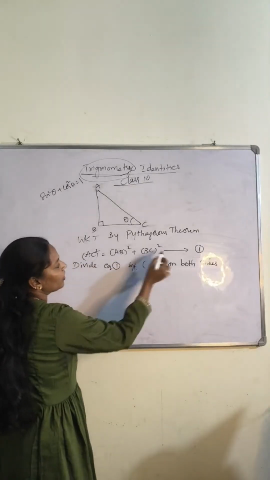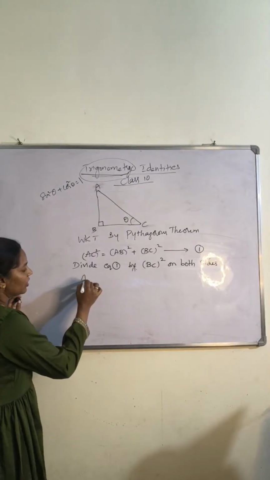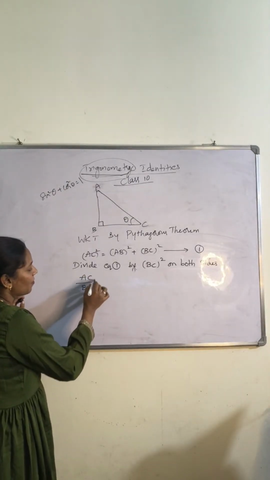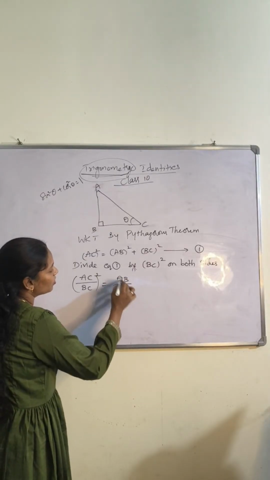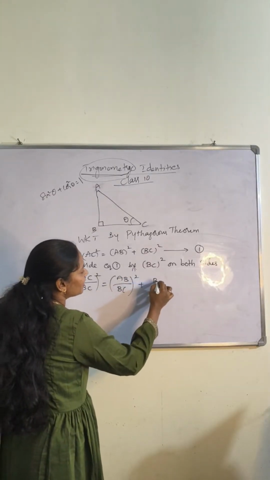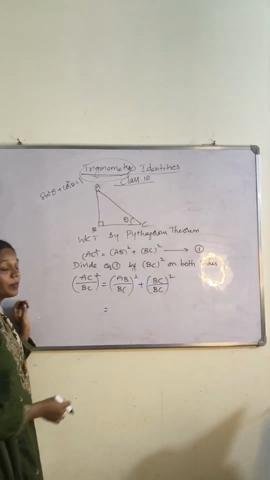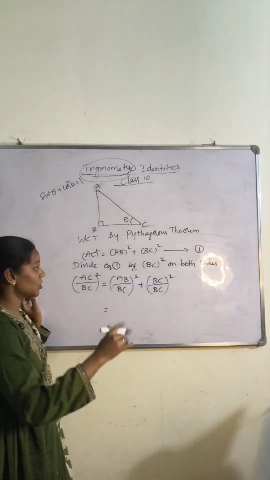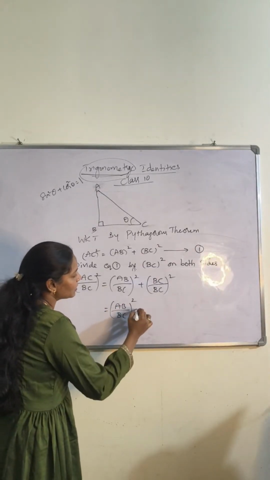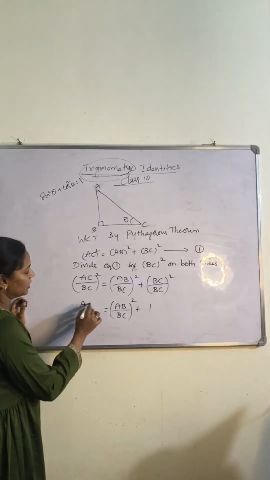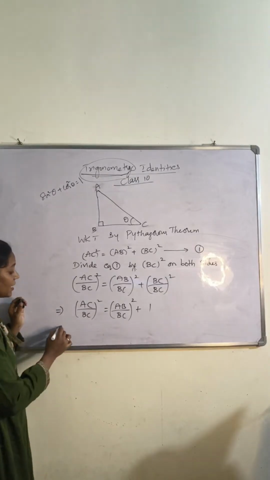Yes, so last one BC, we have to make it as 1. So dividing the full equation by BC square. So AB by BC whole square plus BC by BC whole square. So మీకు ఆల్రెడీ టాపిక్ అర్థమైనట్టయితే డెఫినెట్ గా నాకన్నా ముందే మీరే చేసేసి ఉండొచ్చు. సో ఏబి బై బీసీ హోల్ స్క్వేర్ ప్లస్ 1 ఏసీ బై బీసీ హోల్ స్క్వేర్. So what is AC by BC?